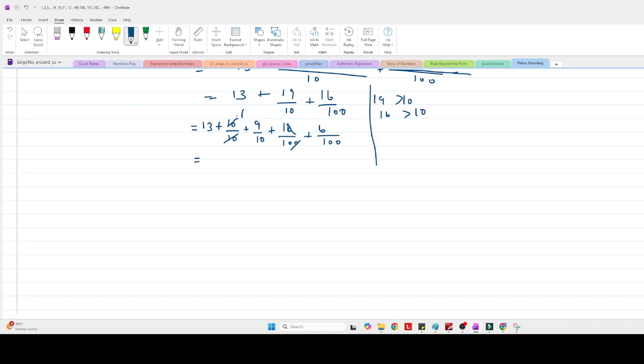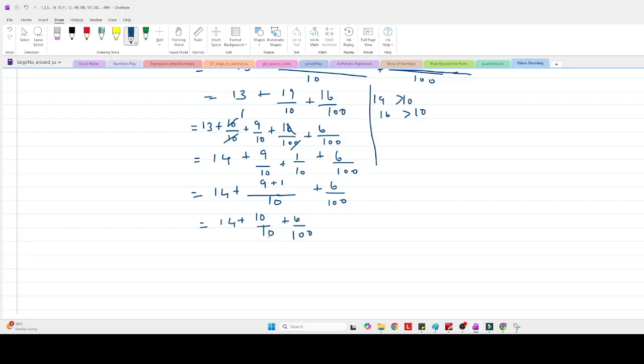So the next step is 13 plus 1, which is 14, right? 14 plus 9 by 10 plus 1 by 10 plus 6 by 100, right? So how do we group this? We can group the tenths again. 9 plus 1, 10 by 10, plus 6 by 100. So this is also cancelled, and we will get 1.